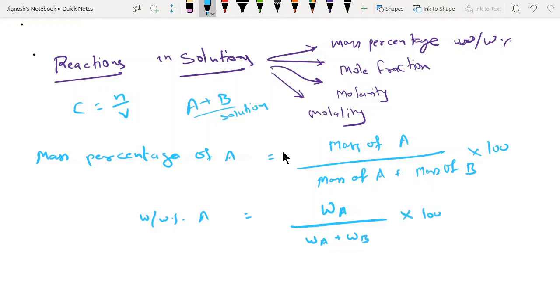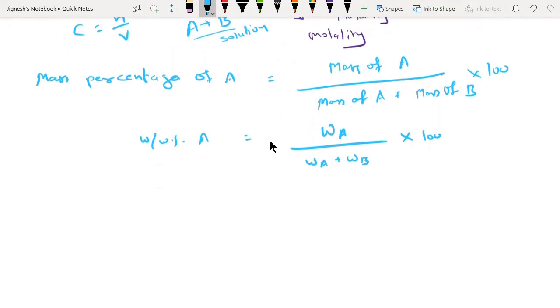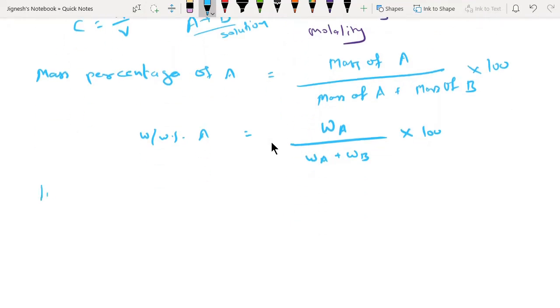Okay. So how is it utilized in the laboratory? In the lab, suppose someone asks you for a 10% NaOH solution by mass. If somebody talks like this, then what happens?